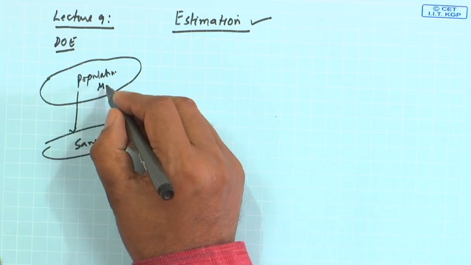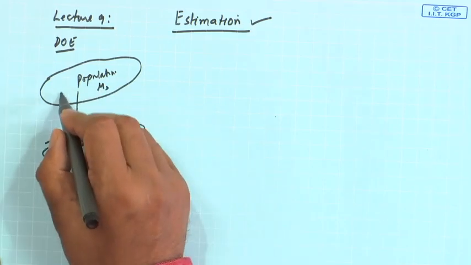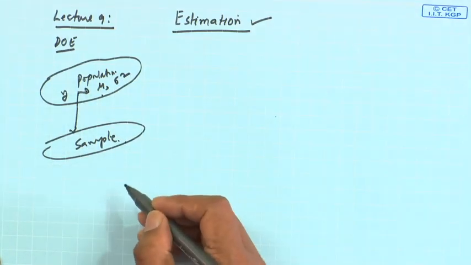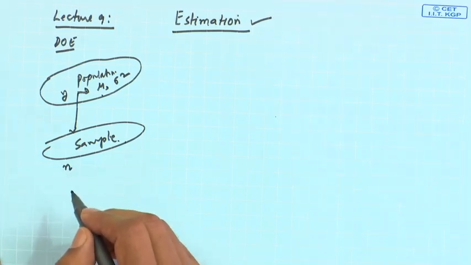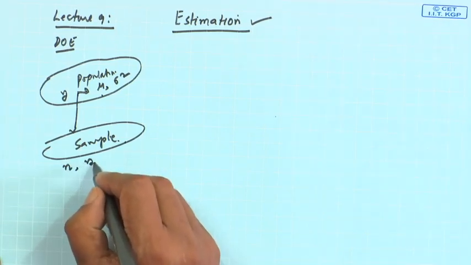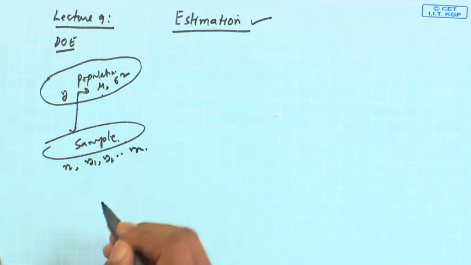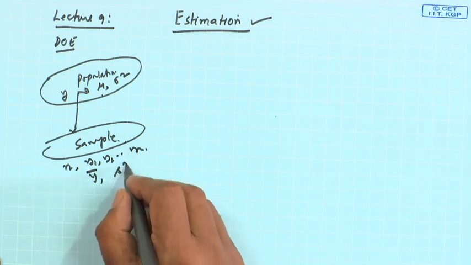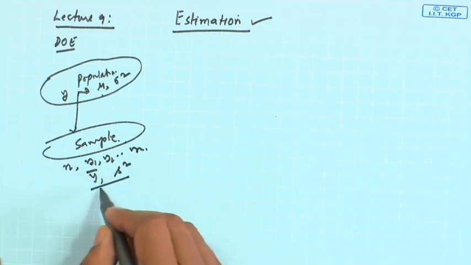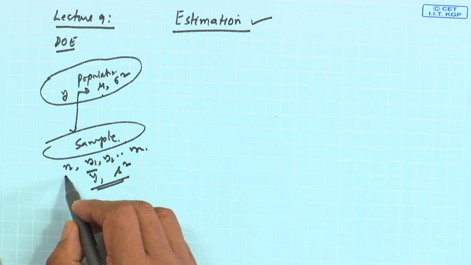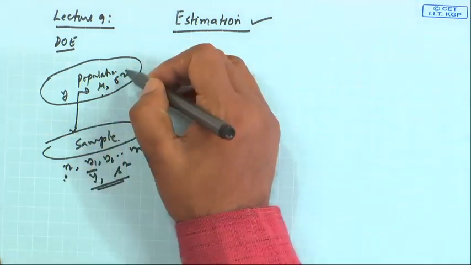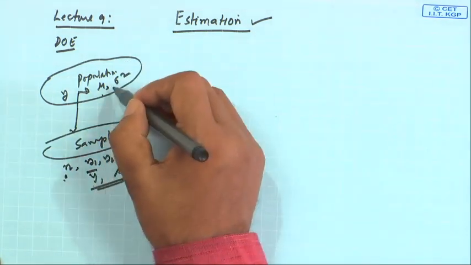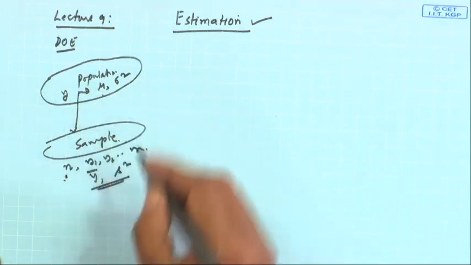For example, a population for a particular characteristic y having mean mu and variance sigma square, and if you collect a sample of size n, that is data y1, y2 to yn, then you can calculate statistics y bar and s square, and if n is representative enough for this population, then these statistics can be used as an estimate of the parameters.